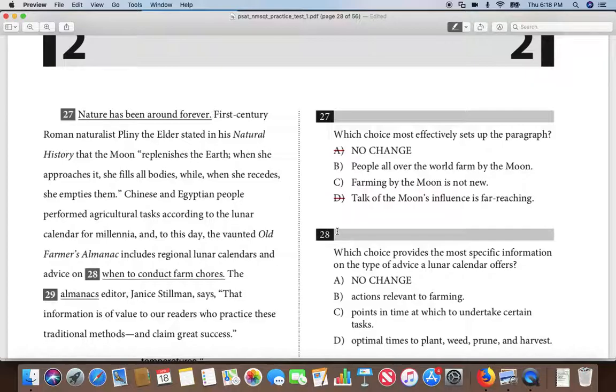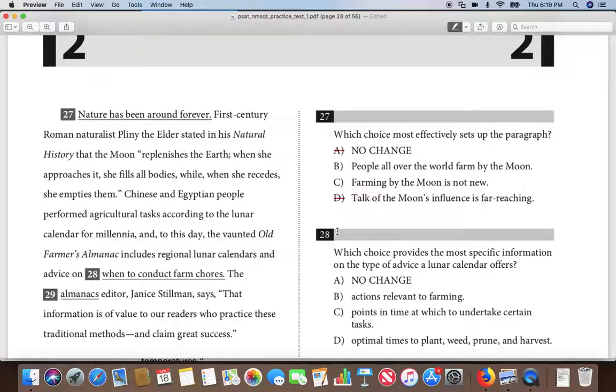First century Roman naturalist, right? That was 2,000 years ago. Chinese and Egyptian people perform these tasks for millennia. The Old Farmer's Almanac goes way back, literally hundreds of years. I think Benjamin Franklin had a hand in starting that. These are all examples of farming by the moon in the past. Does that make sense?